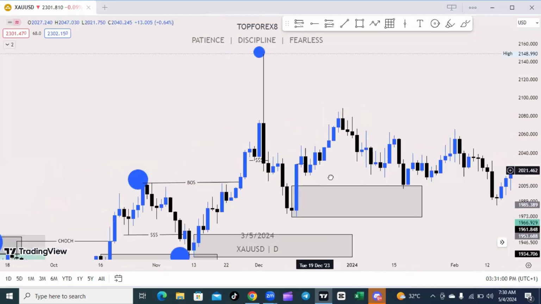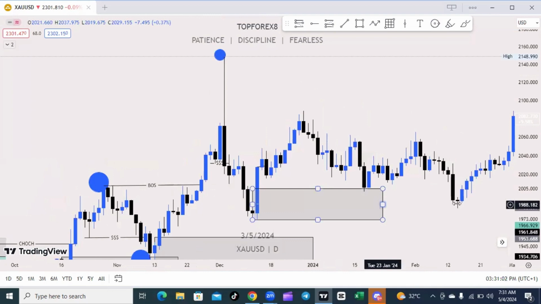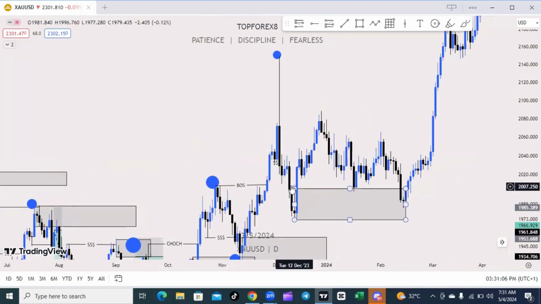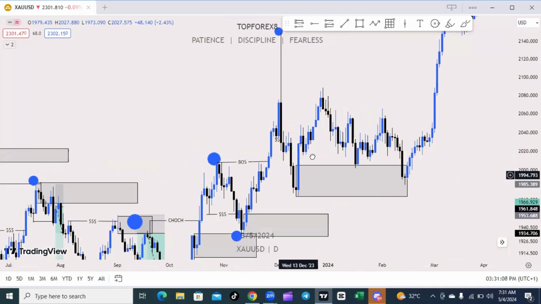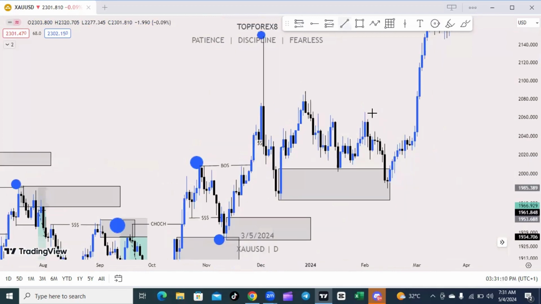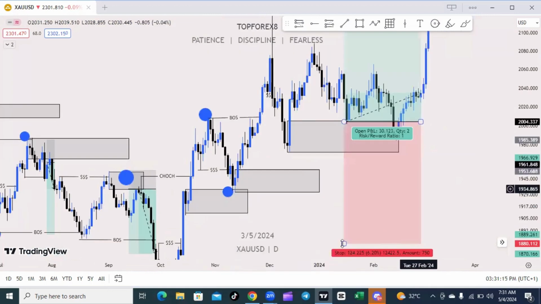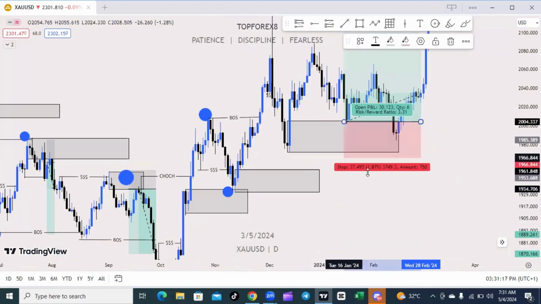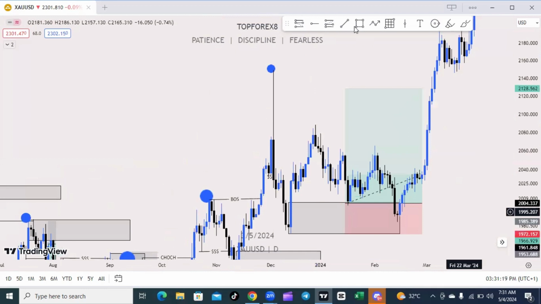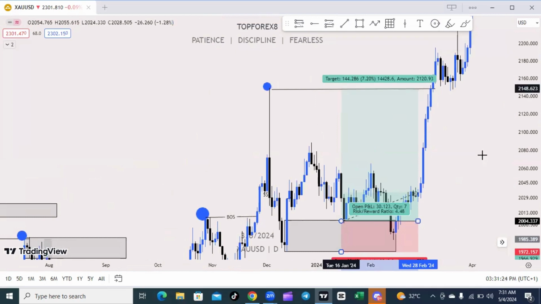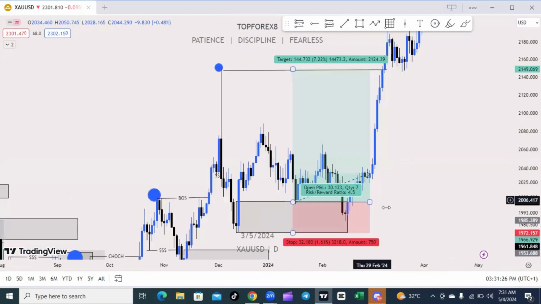Once I see this, just look for buy, because market has already changed character towards that. I don't need any other confirmation than to just look for buy and expect a break of structure, which eventually happens later.